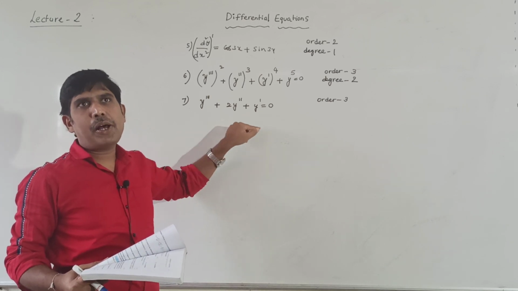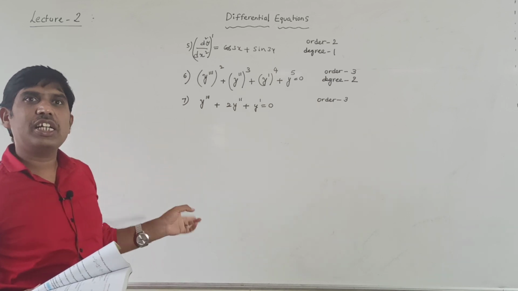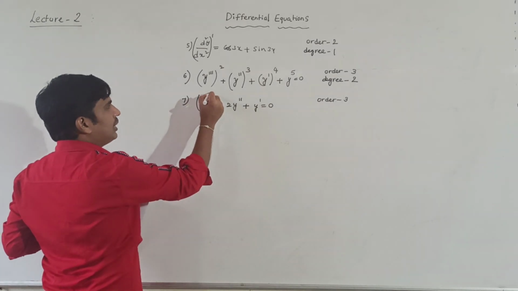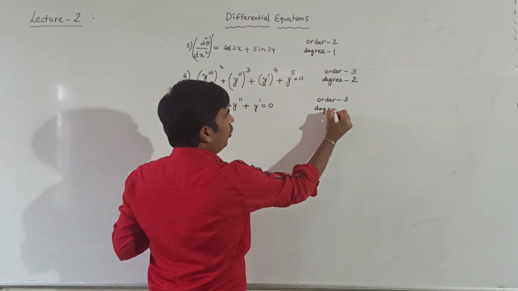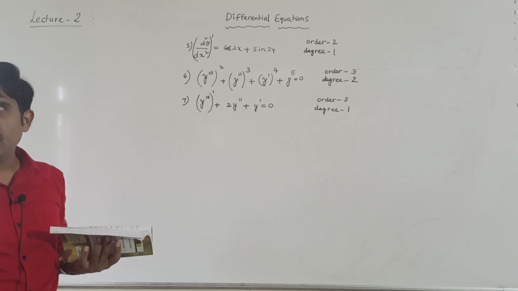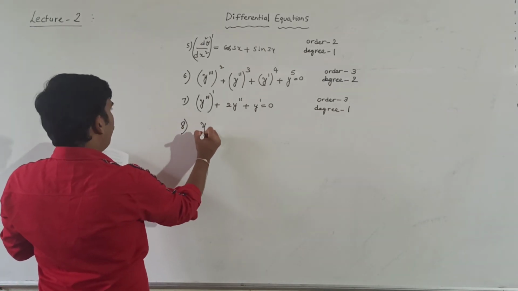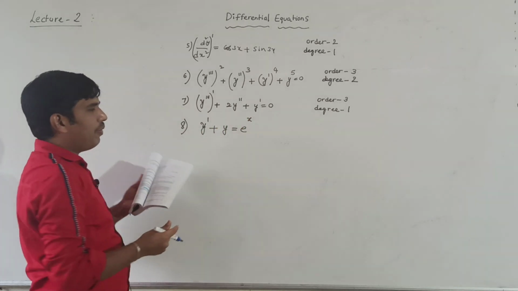Yes, it is a polynomial function in derivatives and does not contain any transcendental function including derivatives. Hence, degree is defined. What is the highest order derivative index? Nothing but 1. Therefore, the degree of this differential equation is how much?